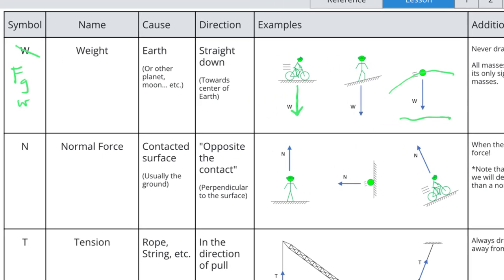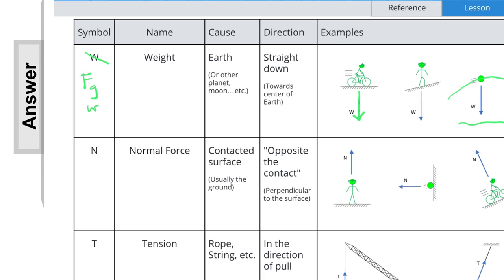Okay, let's go. Normal force, we already talked about, is the contact force. Whatever you're pushing up against, it doesn't have to be the ground. It's always perpendicular to the surface. So here's a ball hitting a wall.